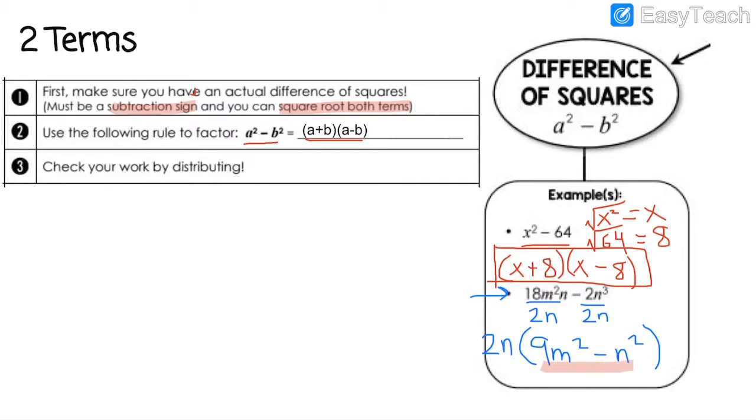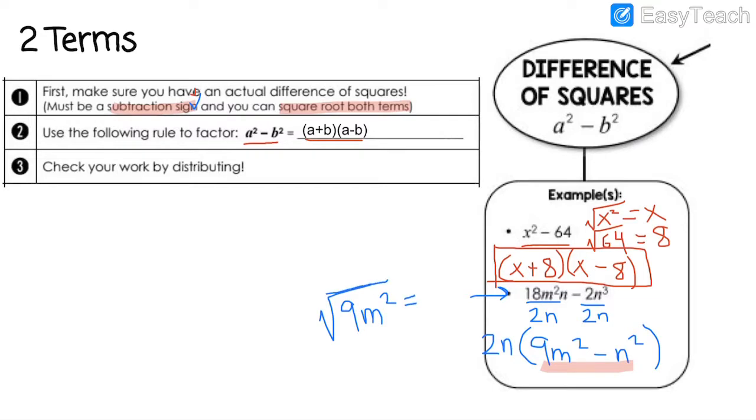All right, once we do that, what's left inside of the parentheses here, 9m squared minus n squared, we have 2 terms, so we need to check if we can do a difference of squares. So we have our subtraction sign, so we are good on that piece. Can we square root both terms? So I'm going to come out here to the side. The square root of 9m squared.